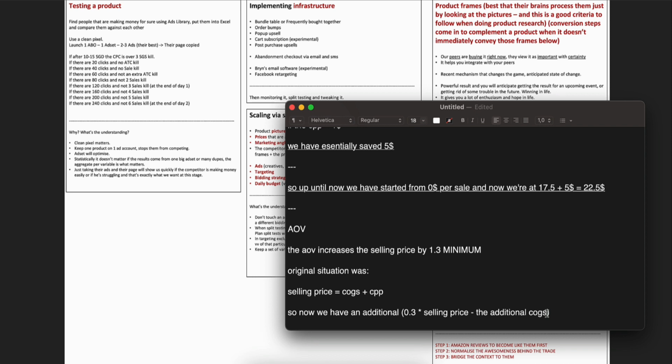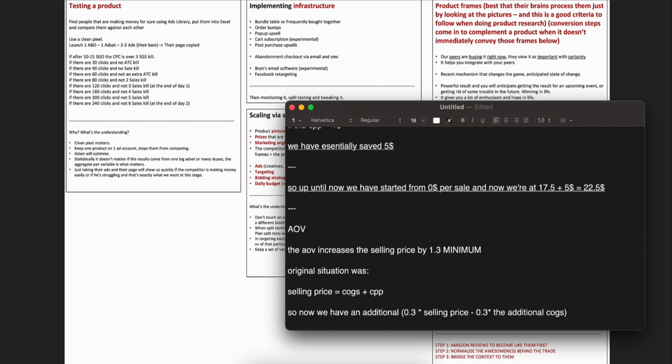It's more like 0.3 is multiplied here as well, because it's only an extra 0.3 by the additional COGS, right?